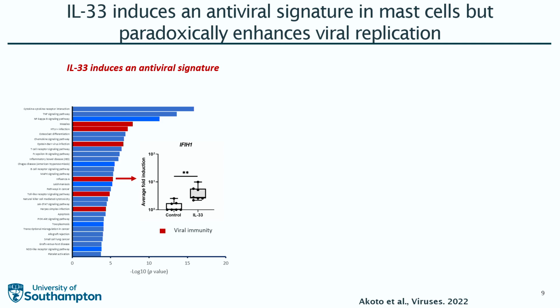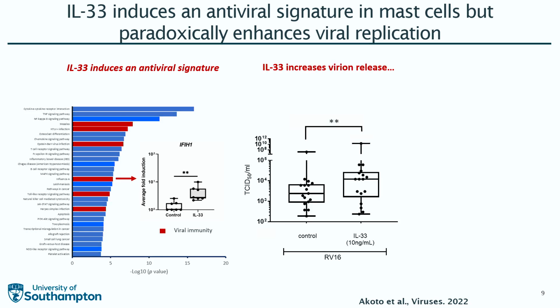For example, MDA5, the gene IFIH1, by which rhinovirus is sensed, was upregulated by IL-33 treatment in mast cells. So we decided to expose mast cells to IL-33 and then challenge them with virus, to see if we could enhance this antiviral activity. But actually what we found was the reverse. Paradoxically, virion release was increased when mast cells were exposed to IL-33.